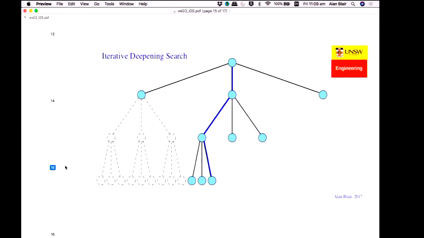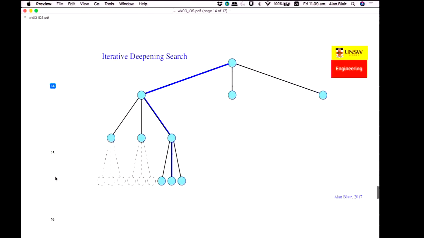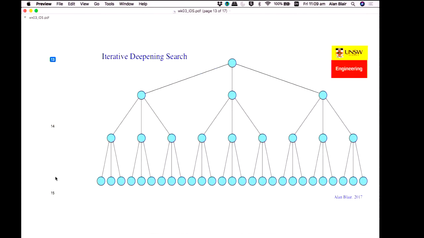This graphic could serve that purpose, because you could imagine that this is part of a bigger tree. The bigger tree exists, but this is only the part I'm exploring. I'm not going to expand any of those nodes because I'm cutting myself off at depth 3.